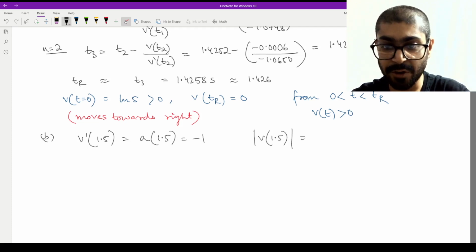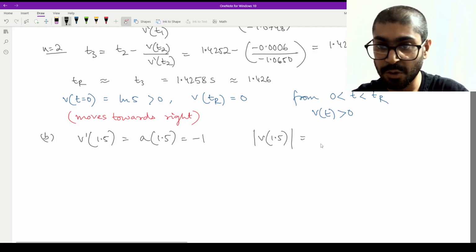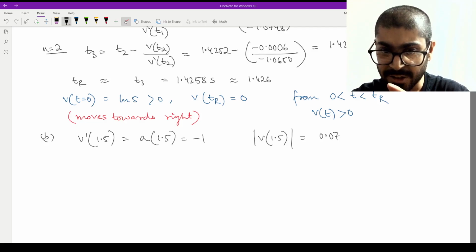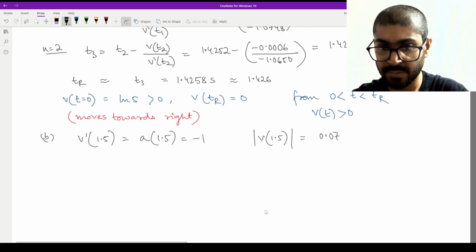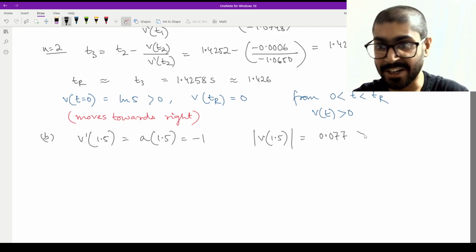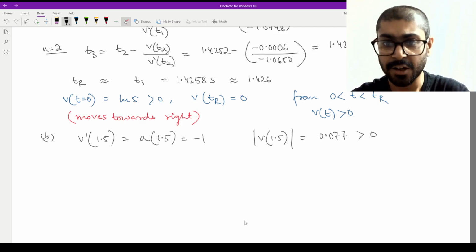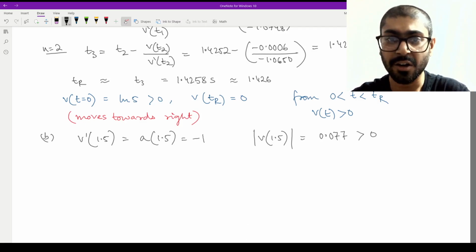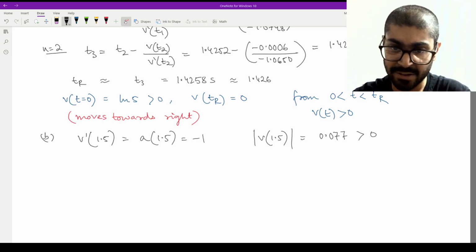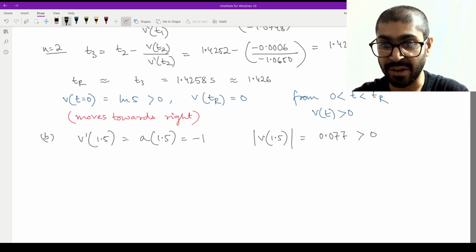Modulus of v of 1.5 will turn out to be 0.0769. Or you can just approximate it like this, 3 digits, which is greater than 0. Alright, so this means the speed of the particle is increasing at time t equal to 1.5.